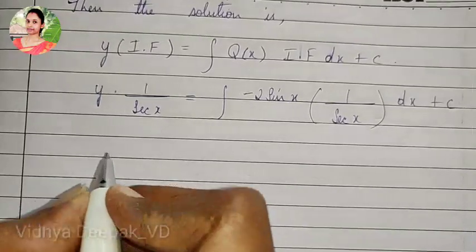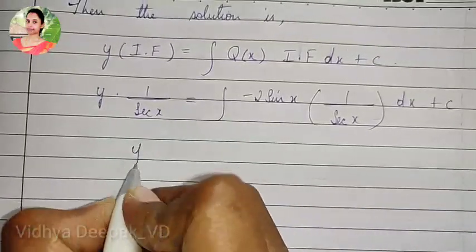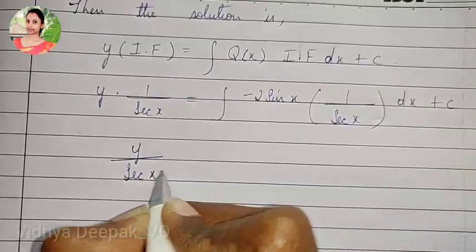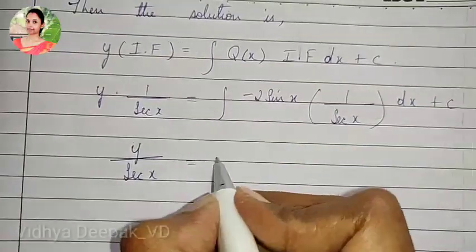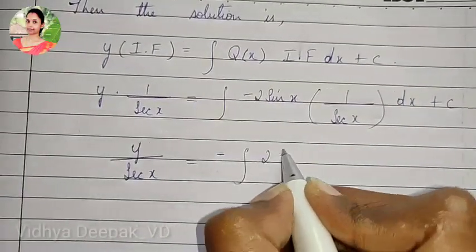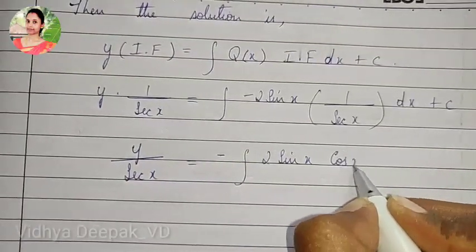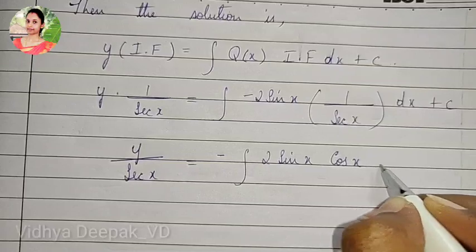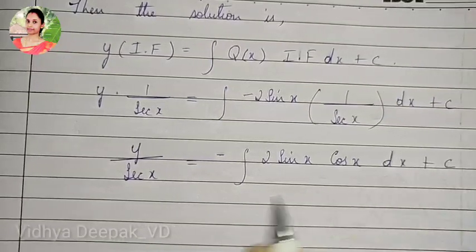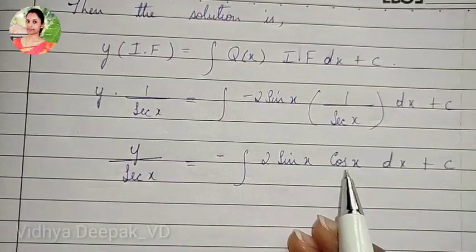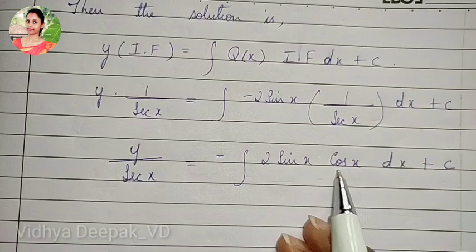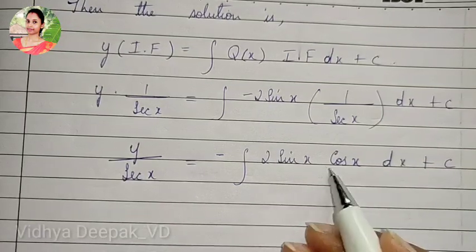Okay, now let's solve. Nothing can be done on the left, so it will be y divided by secant x is equal to minus, I'll take it outside, 2 sine x. What is 1 by secant? 1 by secant is cos x, into dx plus c. Now 2 sine x cos x is a formula, that is sine 2x is equal to 2 sine x into cos x.